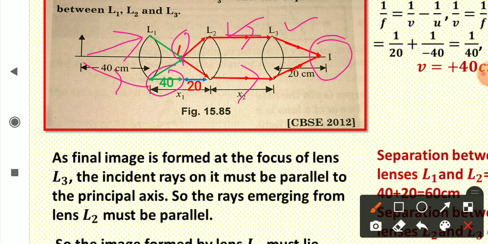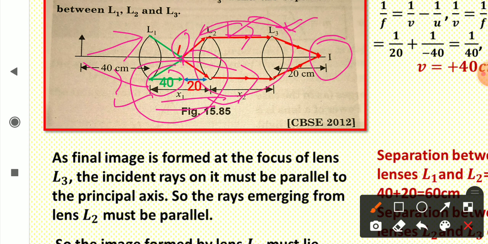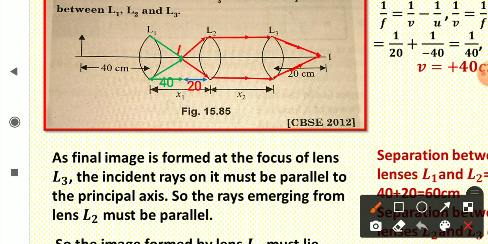So the situation is clear, and now the separation between L1 and L2 is 40 plus 20, that is 60 centimeter. For L2 and L3, since these rays are parallel, the distance can be anything.